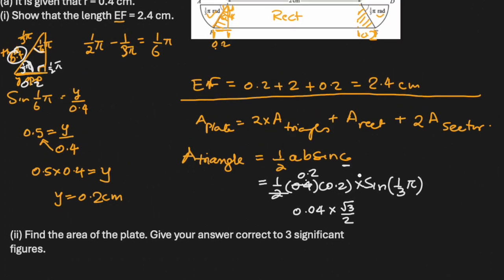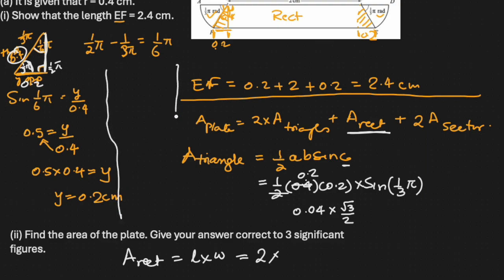Let's go to the rectangle. The area of the rectangle will be length times width. The length is already known to us, 2 centimeters. The width we don't know yet. We can find that here, by the Pythagorean theorem, or we can again use trigonometry. Let me use trigonometry. Let's call this length x. So x divided by 0.4 will give me cos 1 over 6 pi.